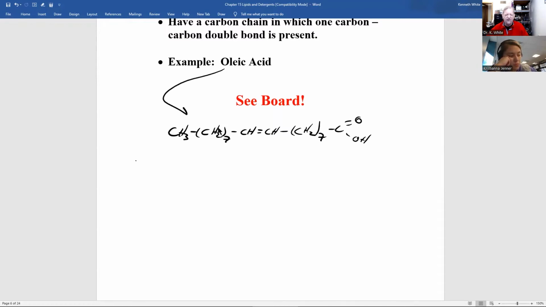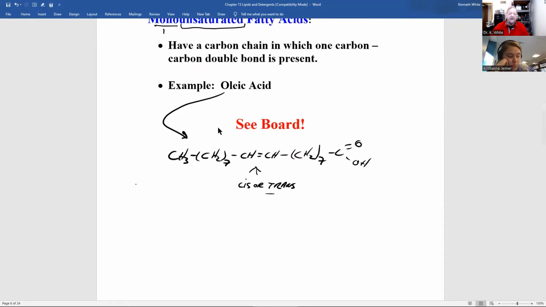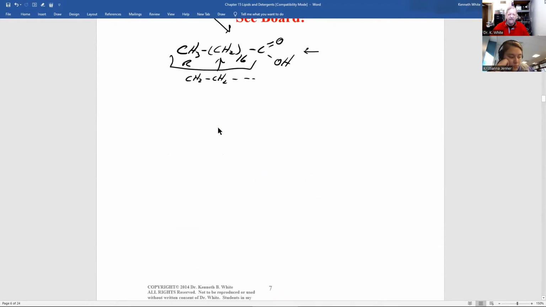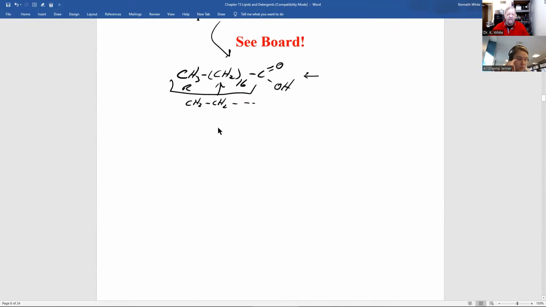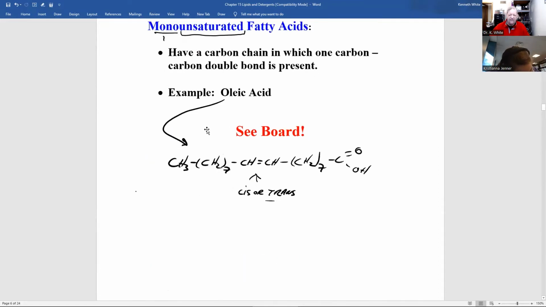And this is the structure of oleic acid. Notice it has a double bond, and this can be cis or trans. I'll remind you in a little while what that means. If you forgot, I'll remind you. Similar to stearic acid, if we count 1 plus 16 plus 1, that is 18 carbons in stearic acid.